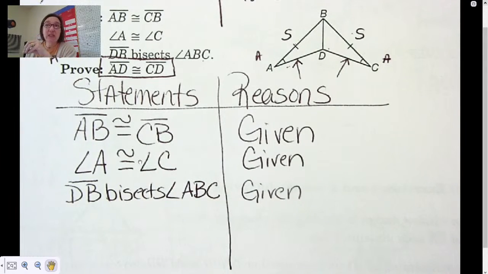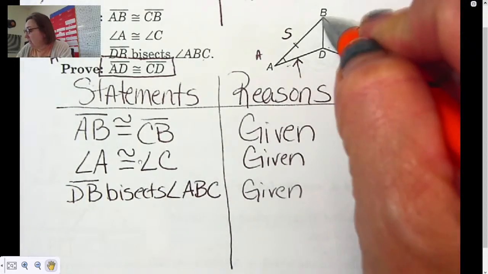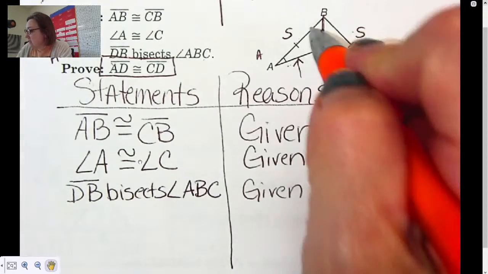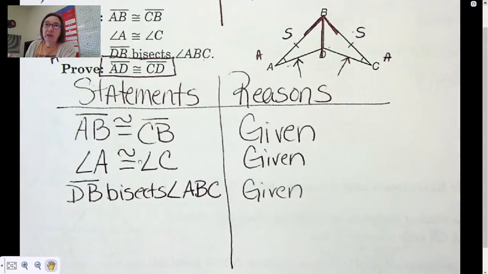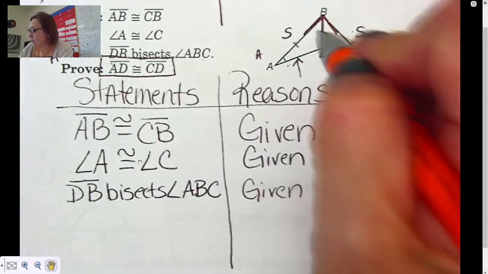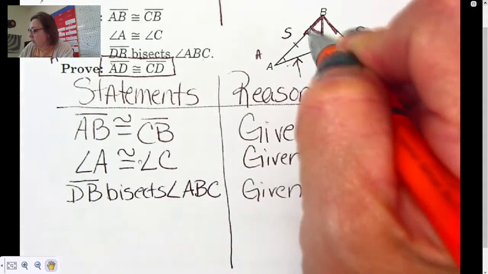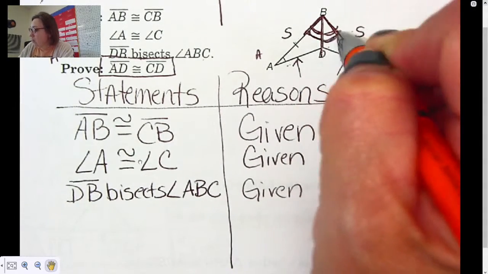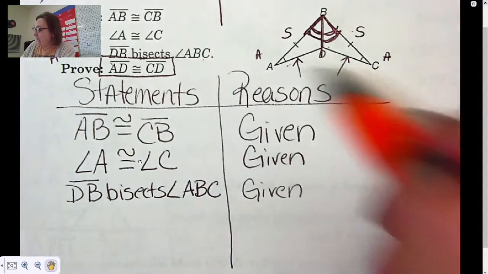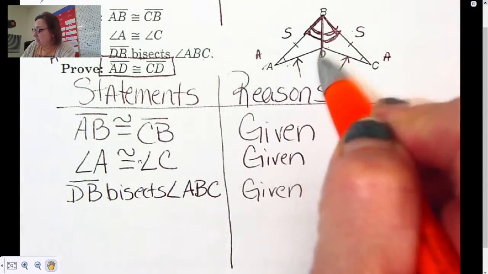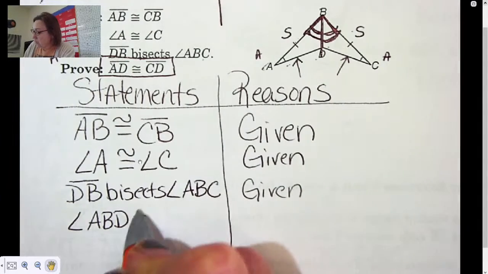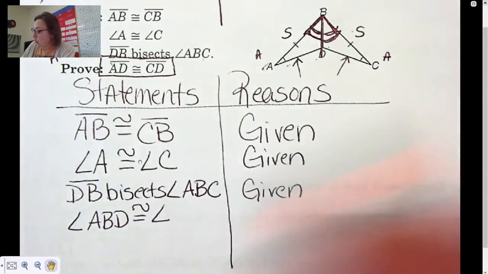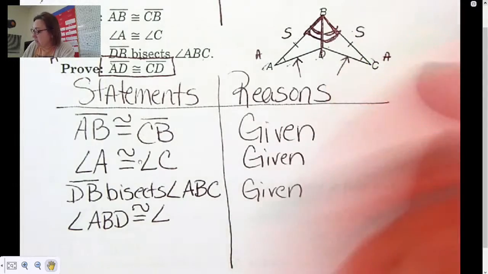That's what bisects means. So if BD cuts this angle in half equally, what does it create there? 2 equal angles. 2 angles that are congruent. So that means that this angle right here and this angle right here are congruent to each other. So angle ABD is congruent to angle CBD.